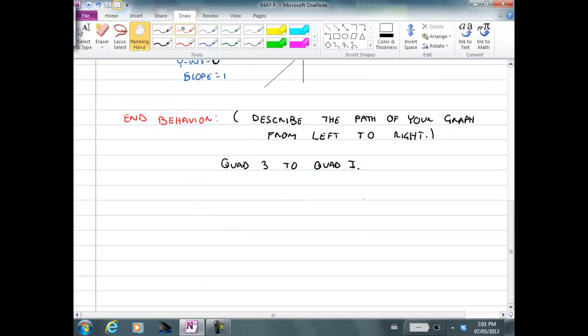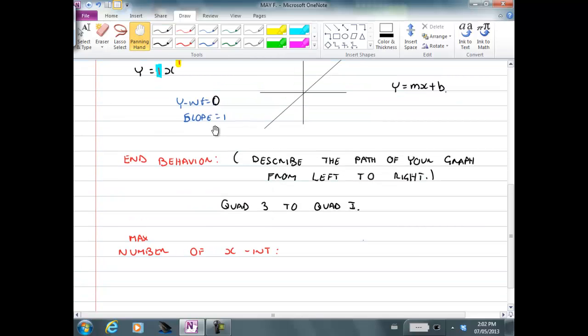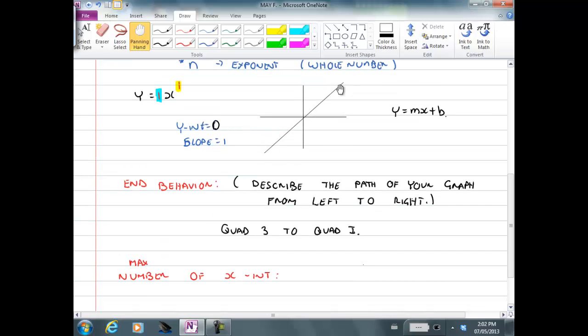Next thing, max number of x-intercepts. If I look at a line, Prince, what's the maximum number of x-intercepts you can have? Just for this one. It's just a simple line like this. Nothing fancy.